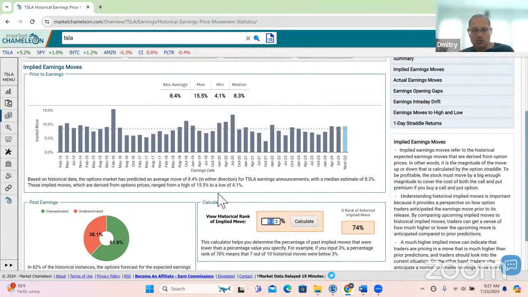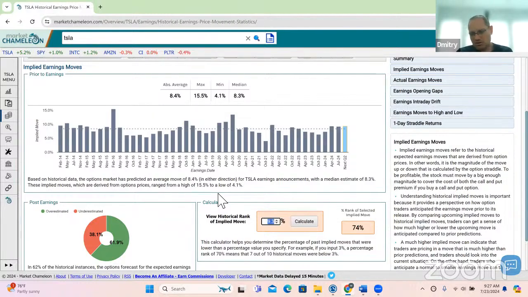We're not closed yet. Let's just assume the straddle right now is priced at 7%. I have to decide, is that high or low, if I intend to close out of it by the end of the day?